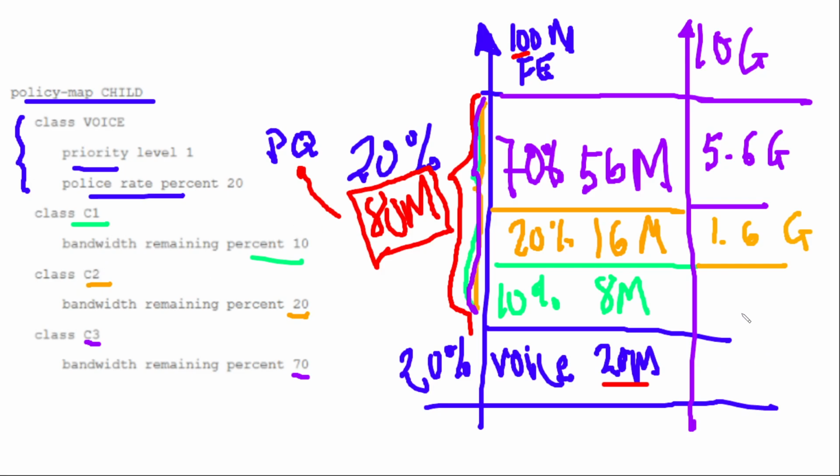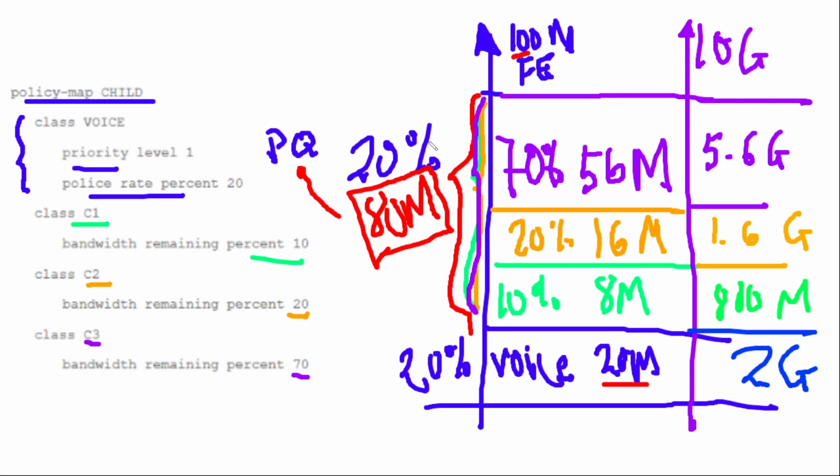Class C1 will be given 800 megabit per second. And the class voice will be given 2 gigabit per second. So given we're using relative values here, it all depends on what is my total bandwidth budget, or total bandwidth that this policy map can work with.